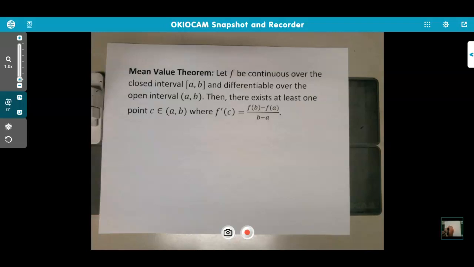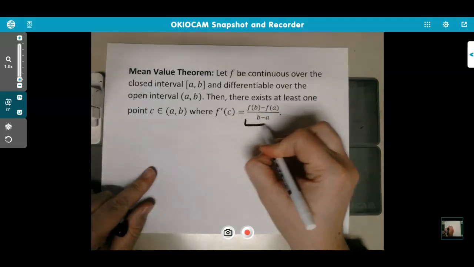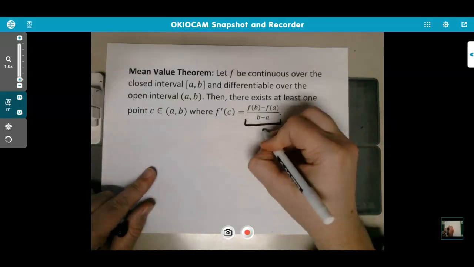Notice what this is. This is the slope between point a and point b. So remember also the derivative is the slope at that point. So what this is trying to say is if I have a point right here and a point right here, and I'm doing something between them, it doesn't really matter what it is.